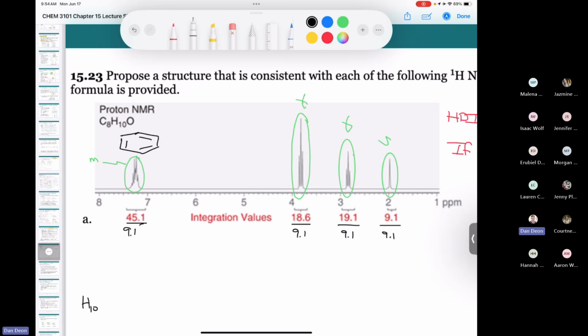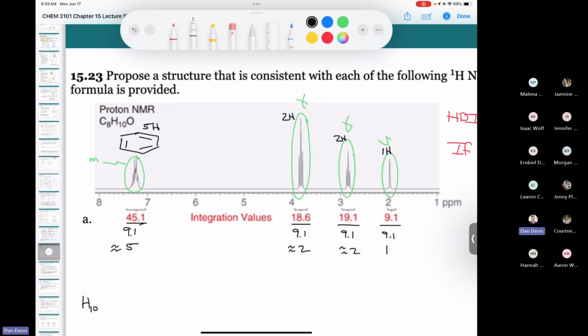If you take 45 and divide it by 9, we get pretty close to 5. Here we get close to 2, here close to 2, and here we get 1. So that tells us this is 5 protons, this one is 2 protons, this one is 2 protons, and this one is 1 proton.